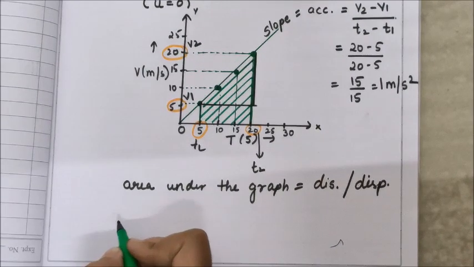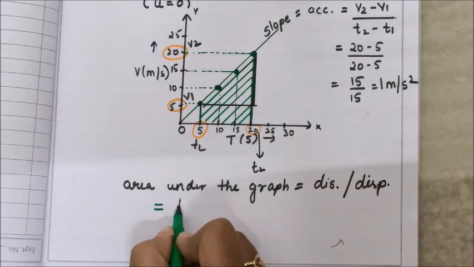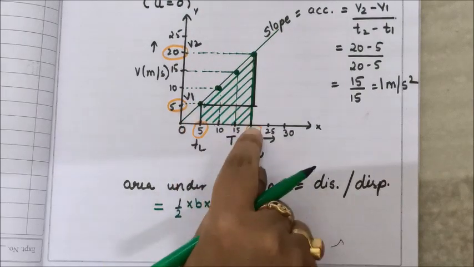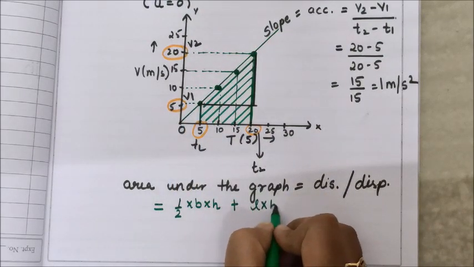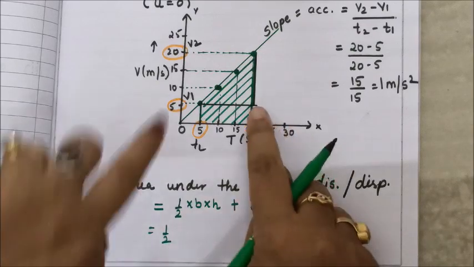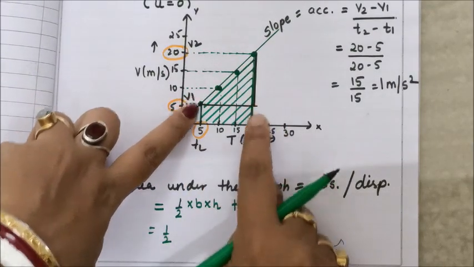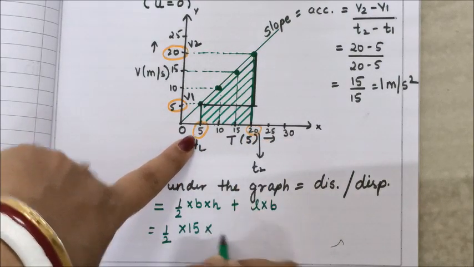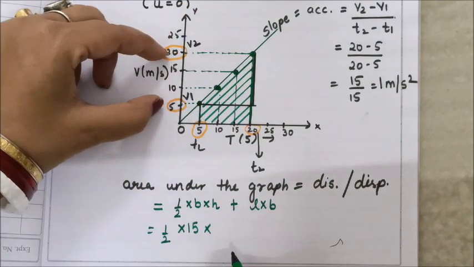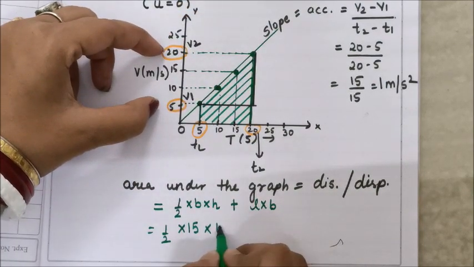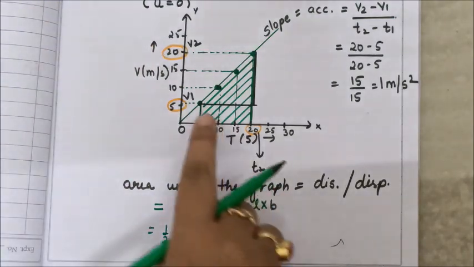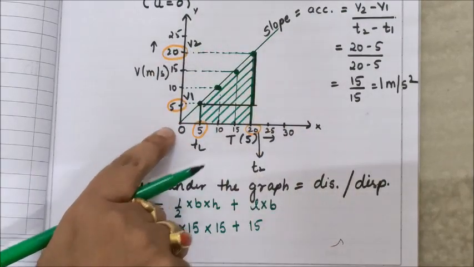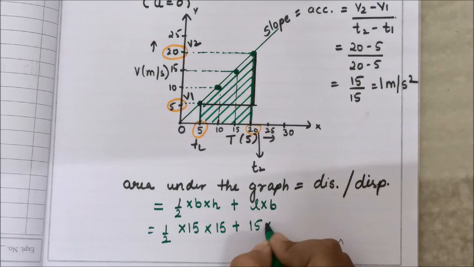So if I solve it by the formula of triangle, half base into height, plus the rectangle area, length into breadth: the base of the triangle is 20 minus 5, which is 15. The height of the triangle is again 20 minus 5, which is 15, plus the length of the rectangle is 15, and the breadth on the y-axis corresponds to 5.